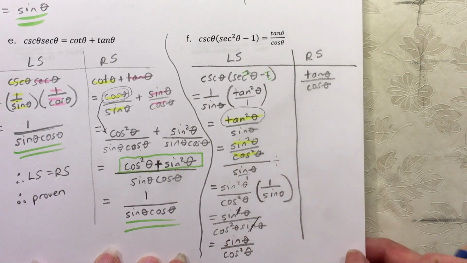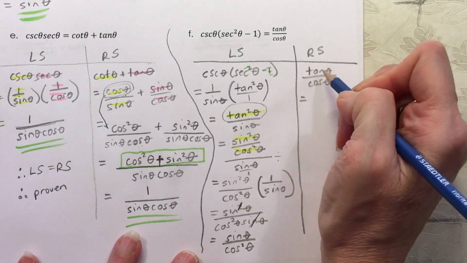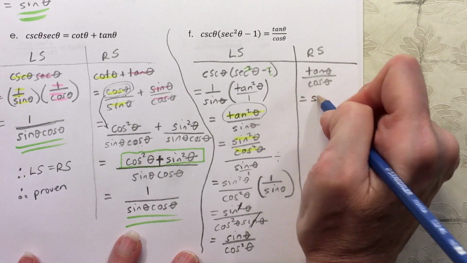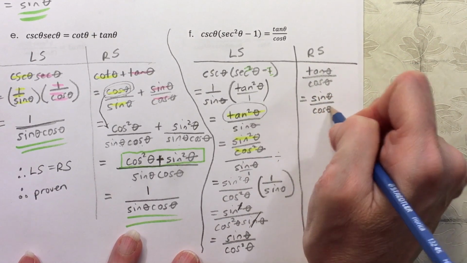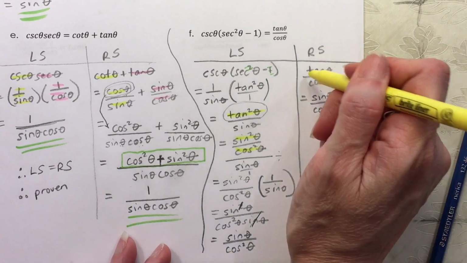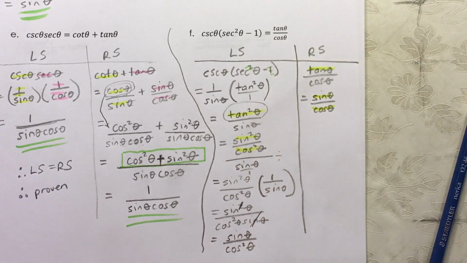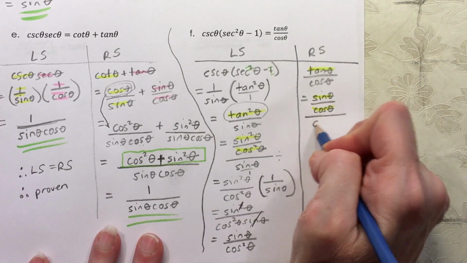So now we've got the left side in terms of the building blocks, sine and cos. So let's do the same thing with the right side and hope that they become the same. So tan theta we know we can write as sine theta over cos theta. So I just rewrote tan as sine over cos, but that's still being divided by cos theta.